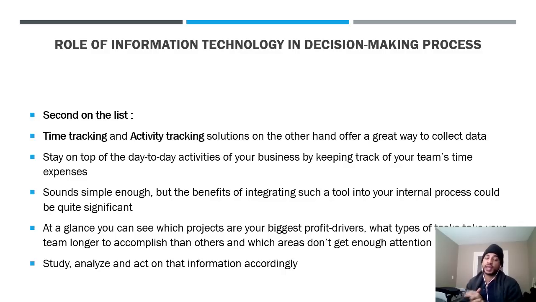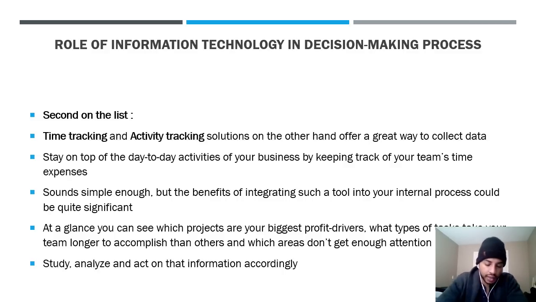Time tracking and activity tracking can also be used in a logistics company. You can see how efficient your company is. Let's just say that a truck arrives at a certain time. How efficient is it from when the truck arrives to when your manufacturing plant has the product ready and loads it onto the truck?